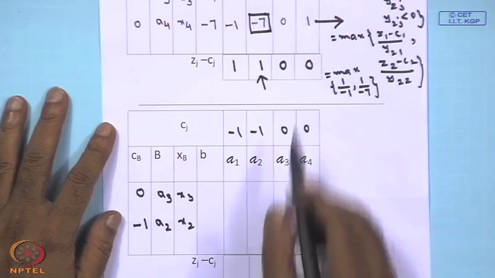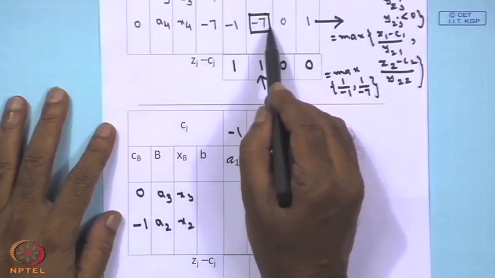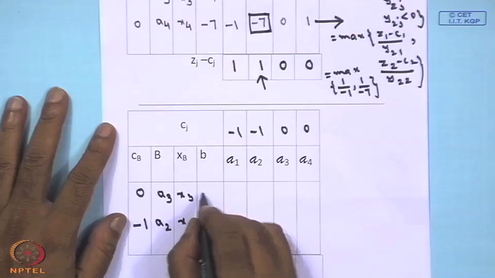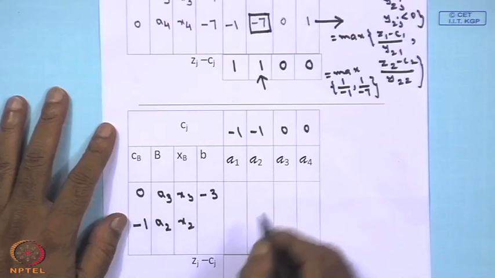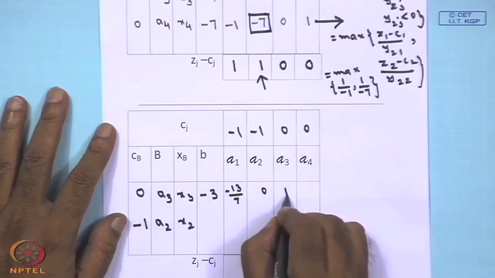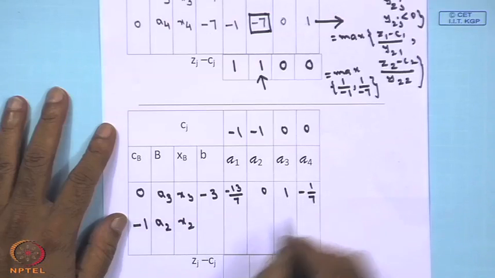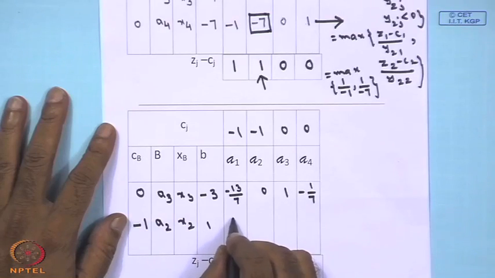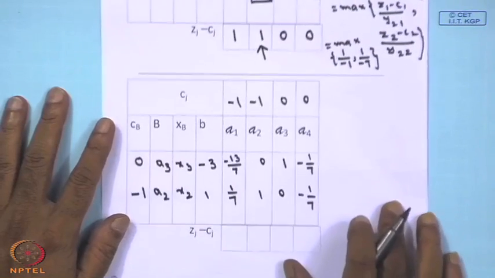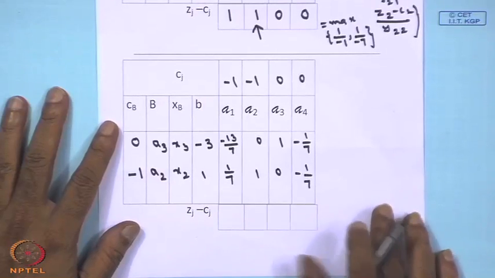As usual, I have to make this element 1 and correspondingly this element 0, we know it. I am just writing the calculated values. It will be minus 1 by 7, here it will be 1, 1 by 7, 1, 0, minus 1 by 7. Now from here calculate the zj minus cj values.